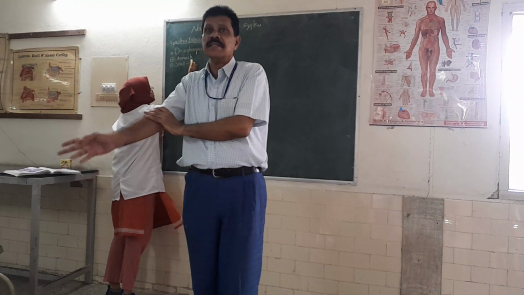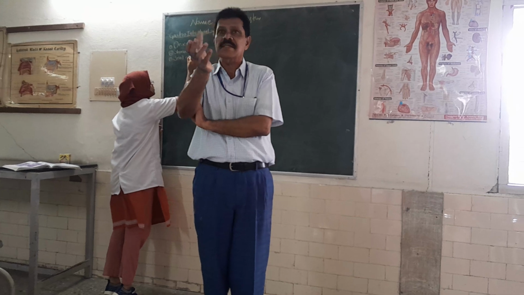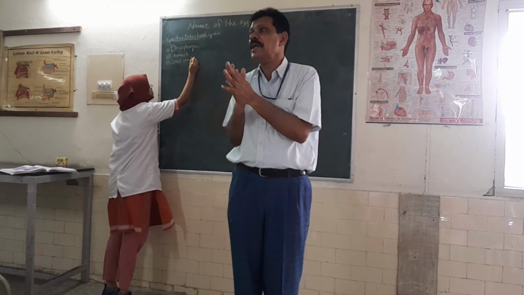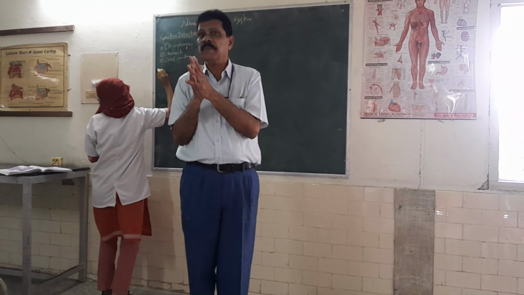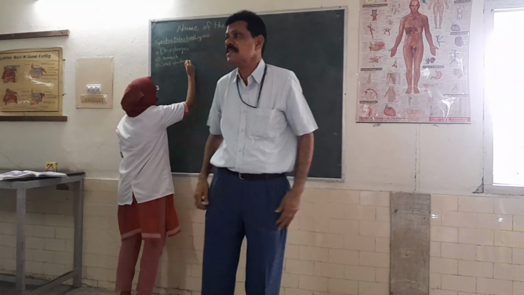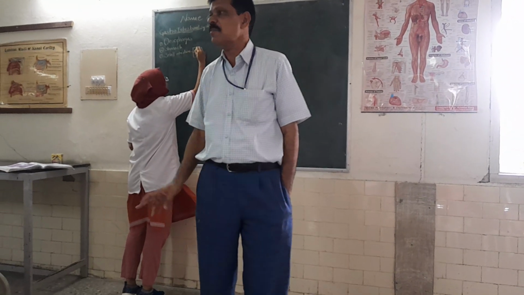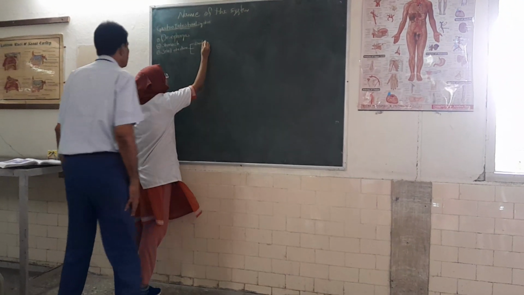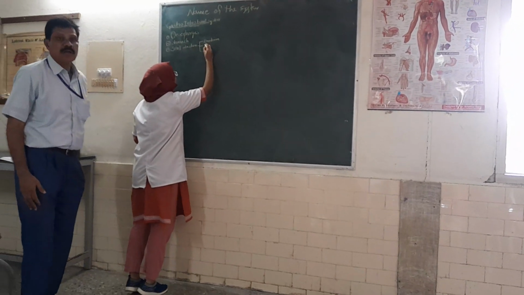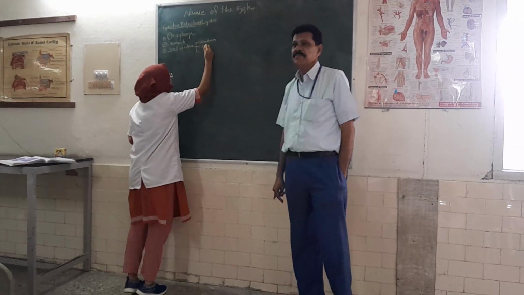So all slides like that, compare with a typical system, that is the esophagus, which is a typical slide. In all of histology, compare with the digestive system. That is the esophagus. Now you write esophagus, stomach, small intestine, and the small intestine is again divided into duodenum, jejunum, and ileum.